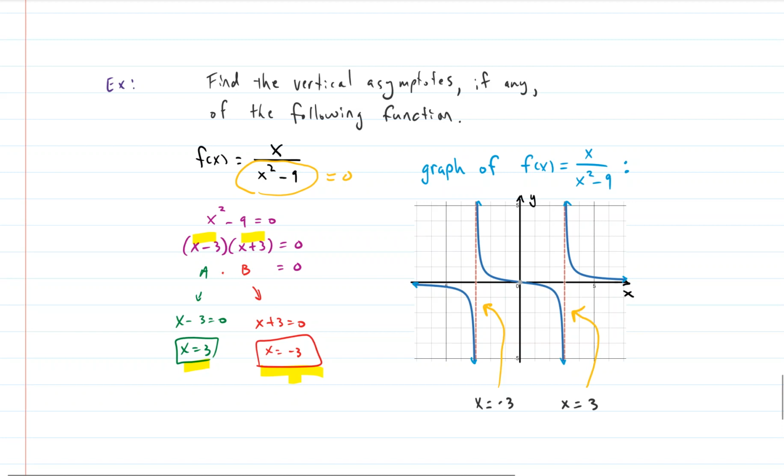And the function is broken up into these 3 regions: negative infinity to negative 3, negative 3 to positive 3, and positive 3 to positive infinity. And you have an S-shaped curve that goes up to the left and down to the right in the area negative 3 to positive 3. You have kind of an N, or think of a bow and arrow pointing up to the top right in the bottom left corner of the graph. And in the top right corner of the graph, you've got a bow and arrow kind of pointing down.